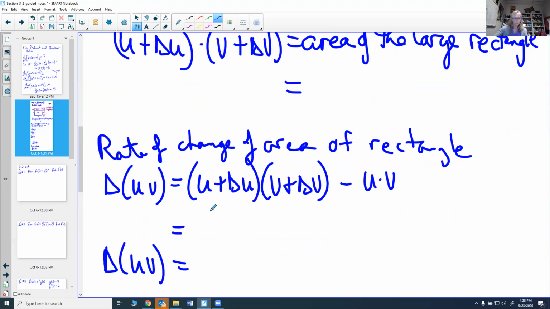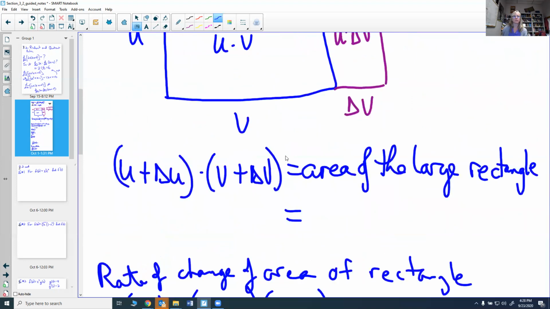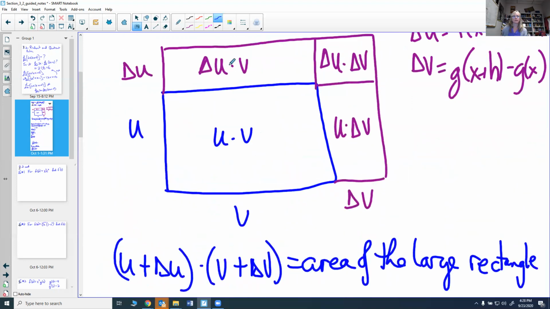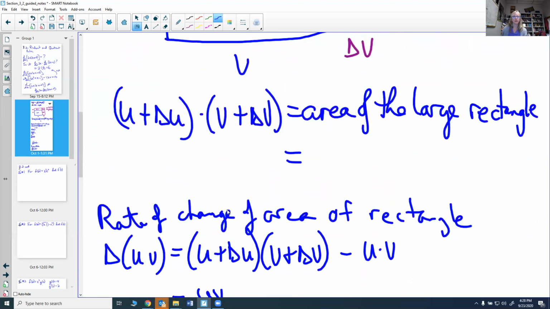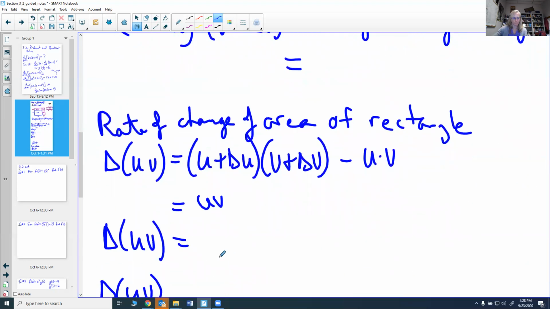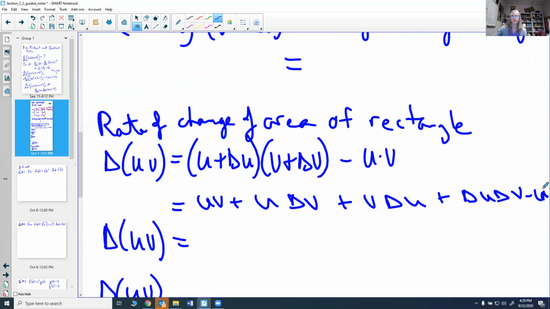So what we want to do is find out what that is equal to. So let's see, this would be U times V, the area of the blue rectangle, this area right here, plus these other three: U times delta V, plus V times delta U, plus delta U times delta V. And then don't forget we're subtracting off this U times V, because we were subtracting that here.